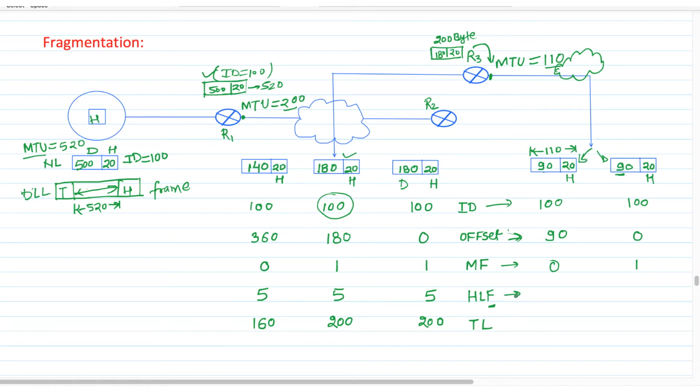Header length field, again the header size is 20, so the header length field will be 20 divided by 4, which means 5 and 5 for both of these fragments. The total length value will be 20 plus 90, that is 110. Again for this fragment, 90 plus 20 is 110. So this is the total length field.